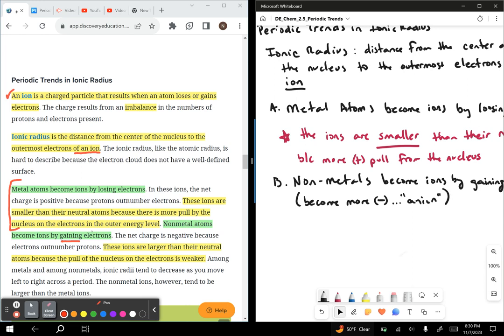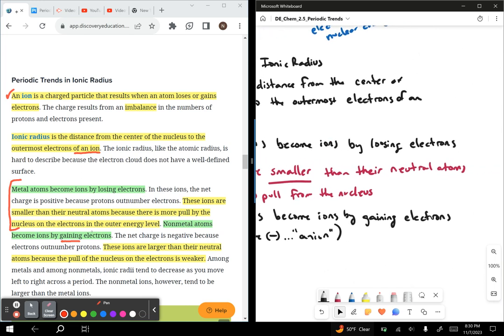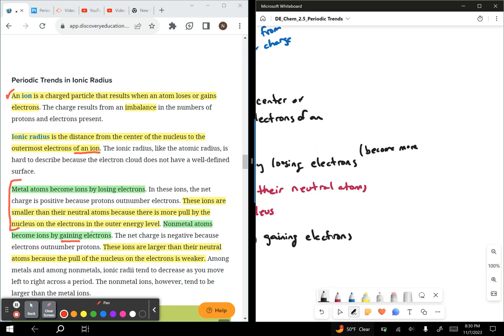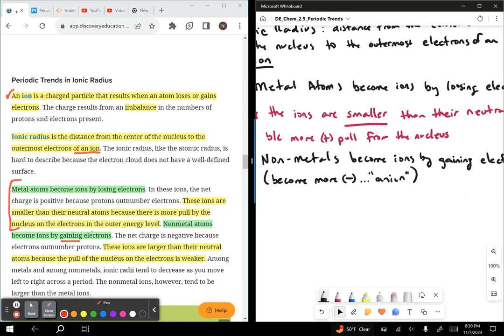And what did we call the metal atoms that lost electrons? They became more positive. We call them cations. These are words you're going to be hearing in the future, so you might as well try them on for size.